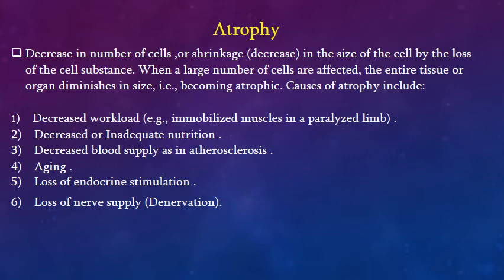Aging also leads to atrophy. Loss of endocrine stimulation, loss of hormones, is also one of the factors that lead to atrophy. And denervation, loss of the nerve supply. When there is no nerve supply to the organ or tissue, it will lead to atrophy. So those are the causes of atrophy.